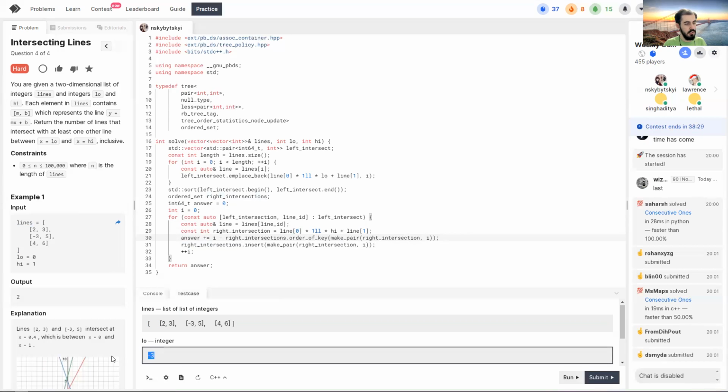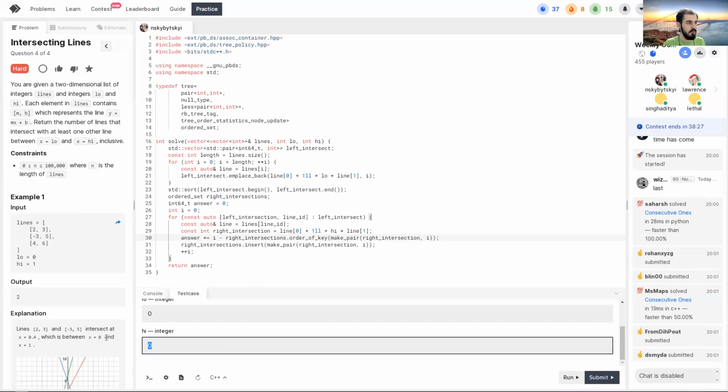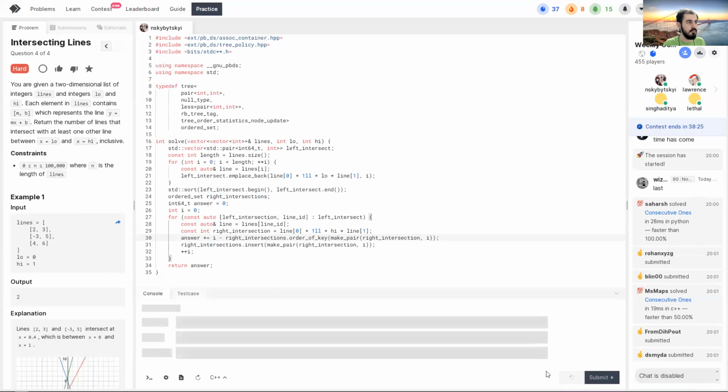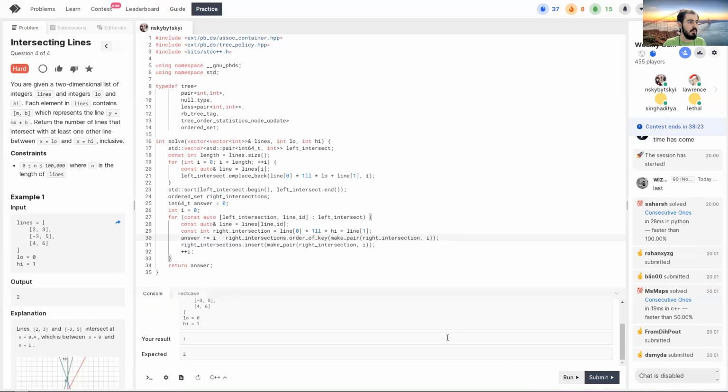So it worked here. Will it work on previous test cases? No, but then it does not work here. I don't understand. Like, we process lines in increasing order of left intersection. And we grab ourselves a line.